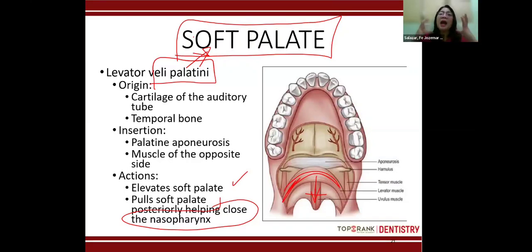Because if it were open, everything we eat would go to the nasopharynx. Sometimes, especially when we talk while eating and laugh, some of the water or any drink goes into our nasal cavity. You wonder how it got there. It is because there is a communication between your soft palate, your oral cavity and the nasopharynx.